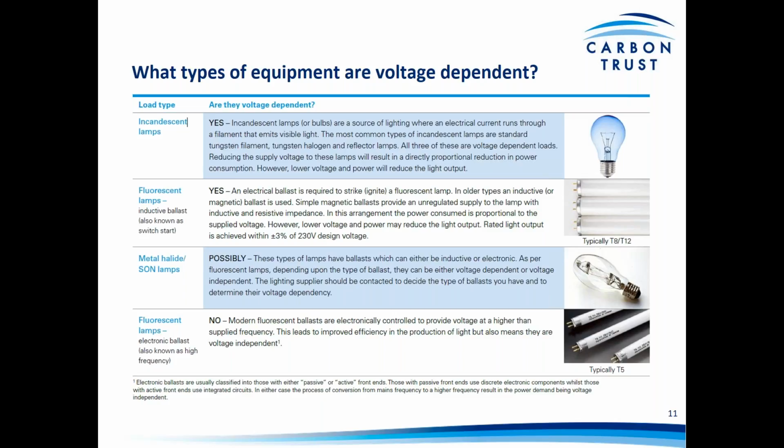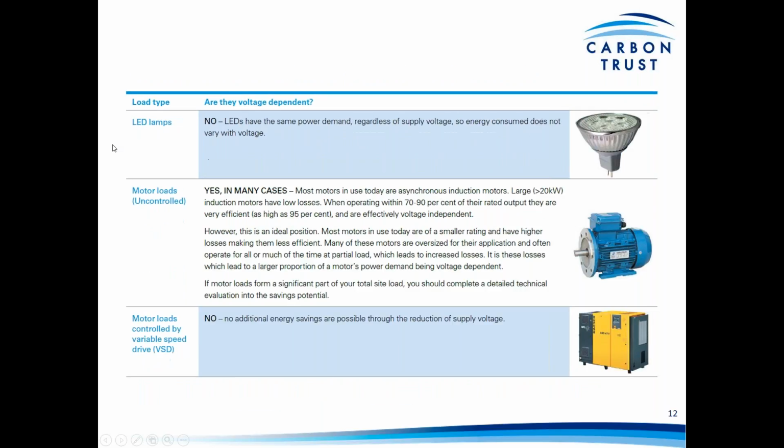So this leads to improved efficiency in the production of light, but does also mean that they are voltage independent. Finally, on lighting, just to highlight that LEDs are voltage independent, so there will be no benefit with LED lighting to applying voltage management. They all have the same power demand regardless of the supply voltage, so the energy consumed will not vary with that supply voltage.